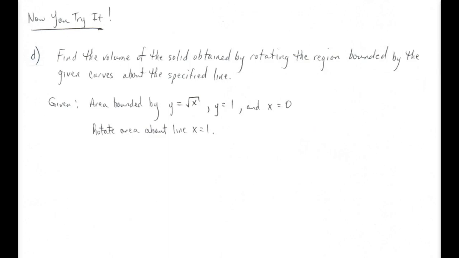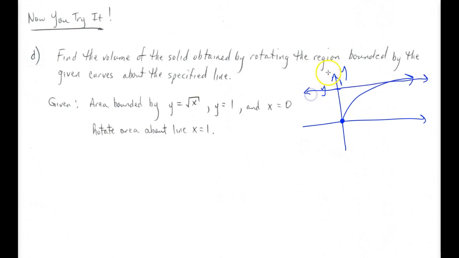So if we produce that graph here, we'll start off with square root of x, which is here, y equals 1, which is this particular line here, and x equals 0, which of course is just the y-axis. So we want the area that's bounded by all this in here.